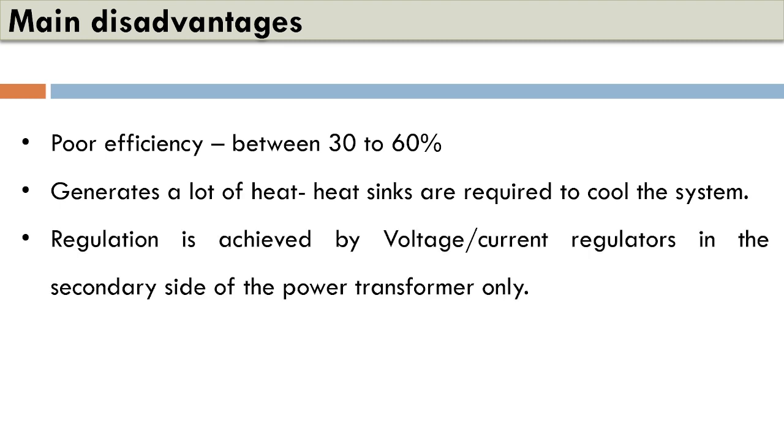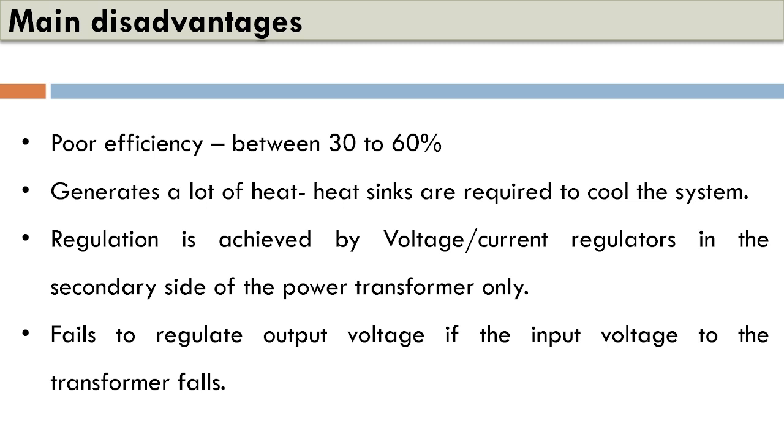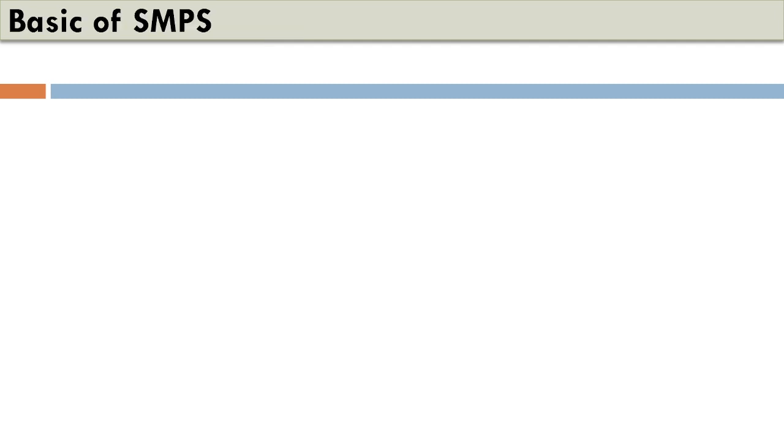Then regulation is usually achieved, as we have already discussed, only on the secondary side of the transformer, and it fails to regulate the output voltage if the input voltage of the transformer falls to a greater extent.